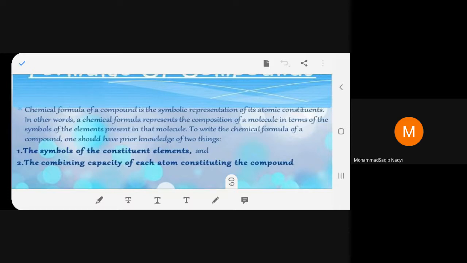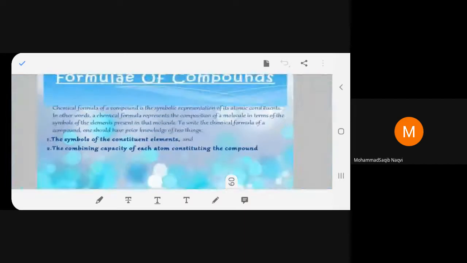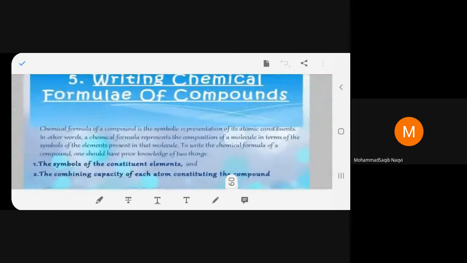Secondly, the combining capacity of each atom, like NaCl. We know that Na combines with Cl. KBr, it is forming KBr. So we should know even the names of the compounds. You will learn that along with practice, so don't worry about it. But these are very essential for writing a chemical equation.